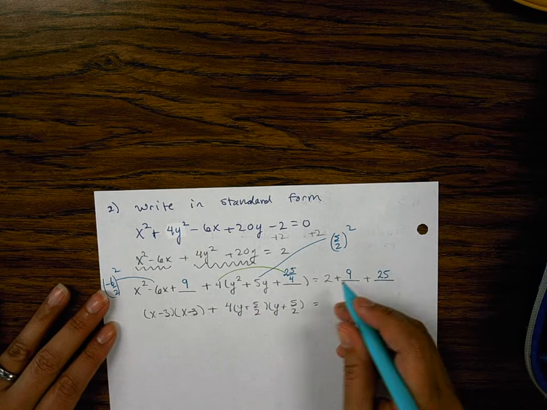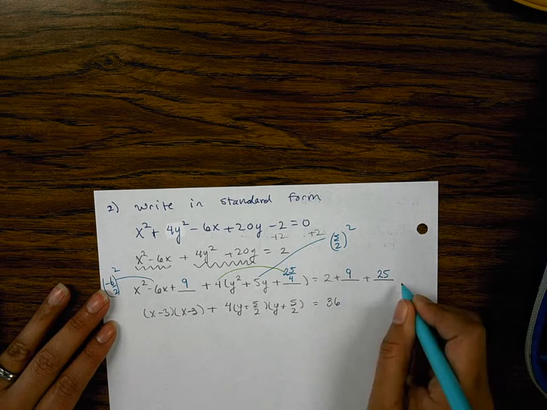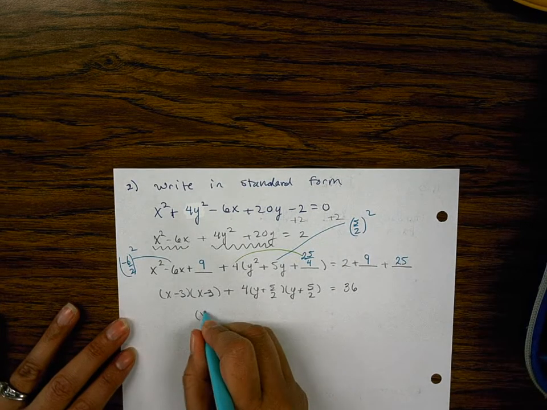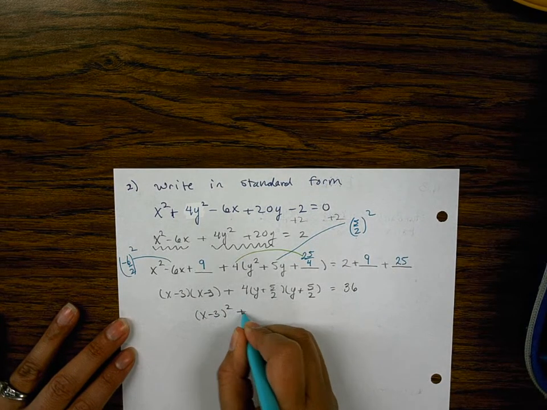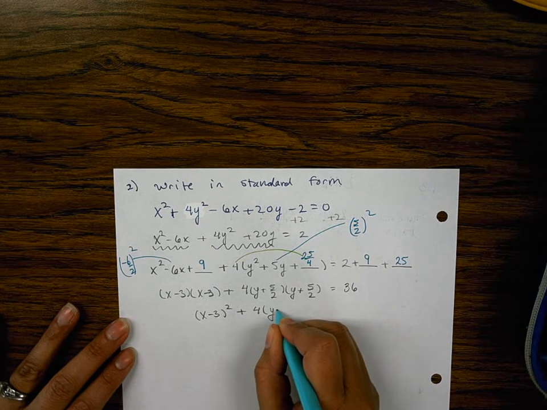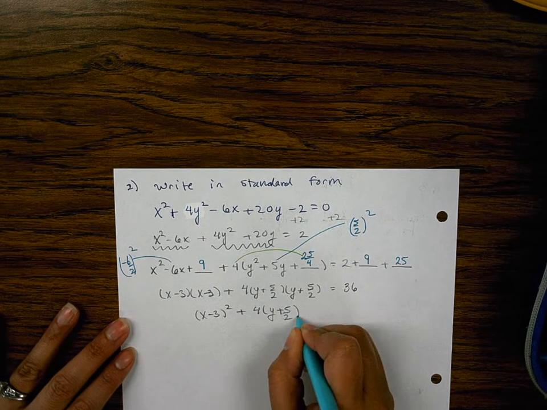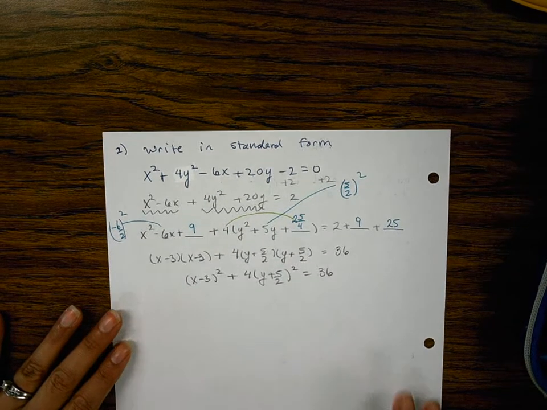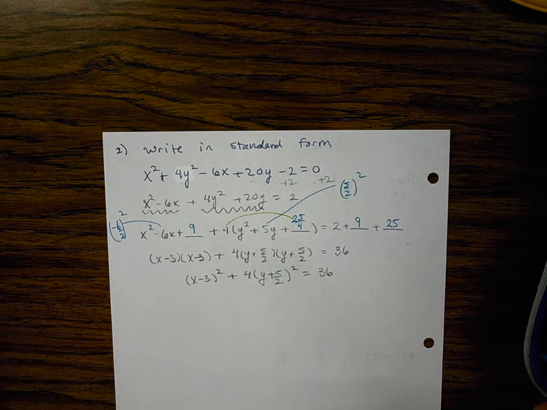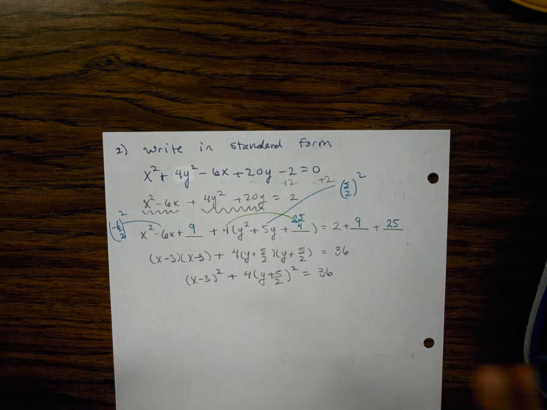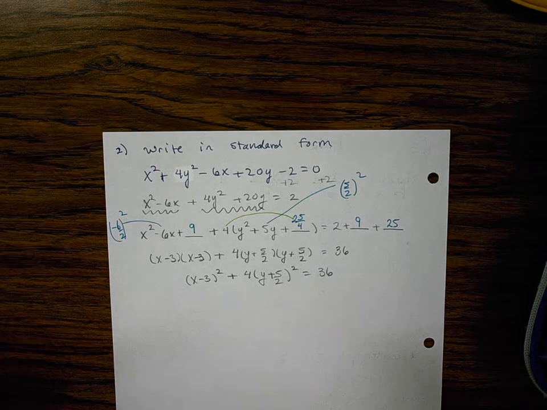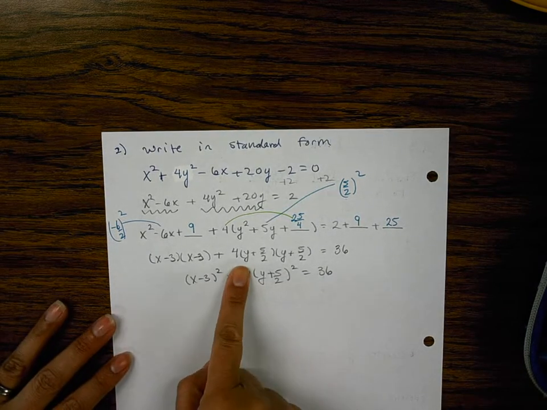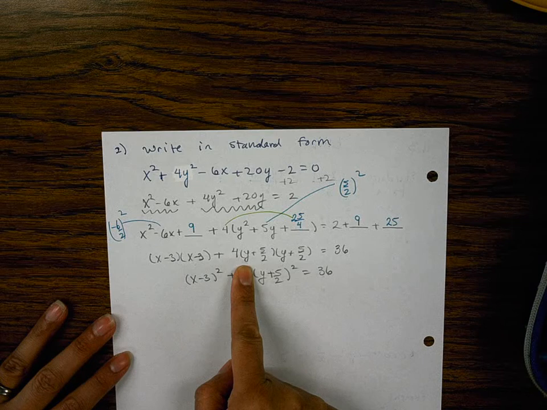And 5 halves plus 5 halves is 10 halves, which is 5. So it does work. If you didn't get that, pause, double distribute, and see if you end up with this. Okay, and this side is 36 once you add all that up. x minus 3 quantity squared plus 4 parentheses y plus 5 halves quantity squared equals 36.